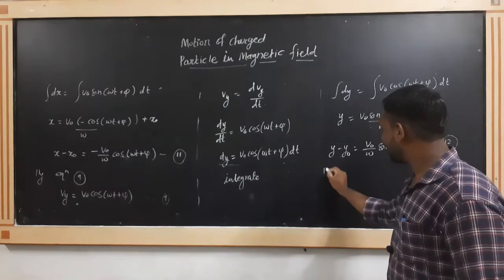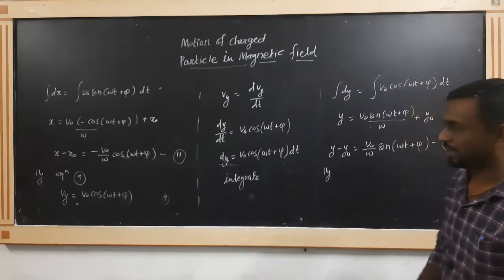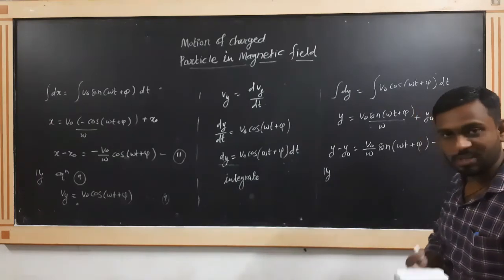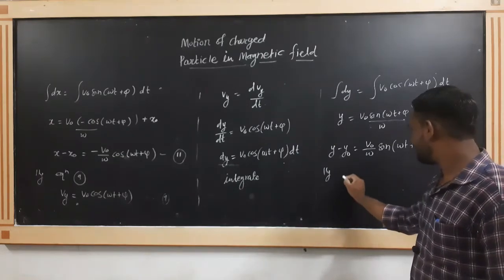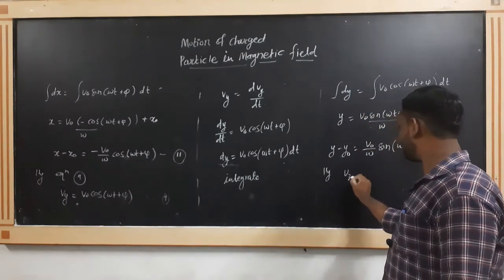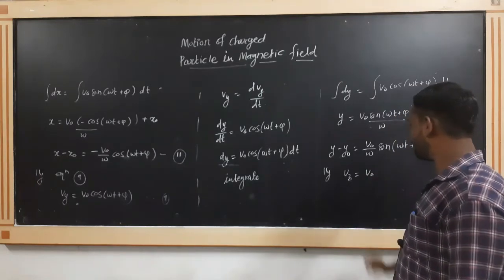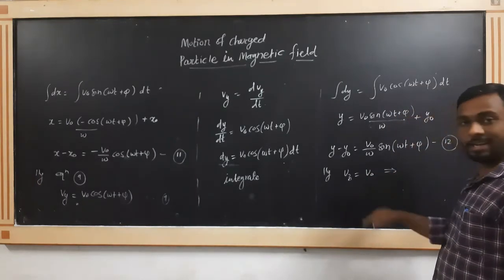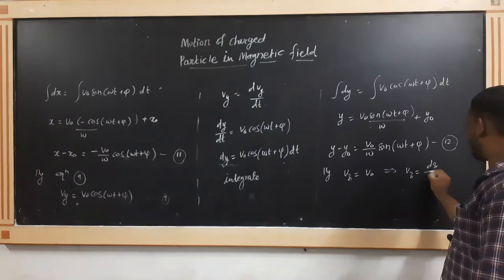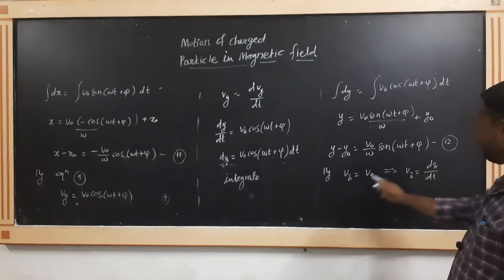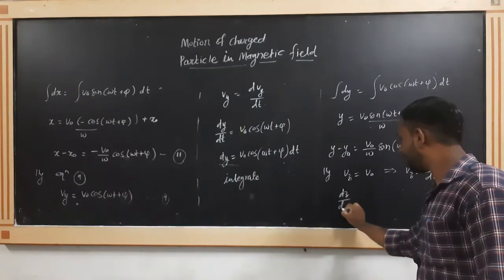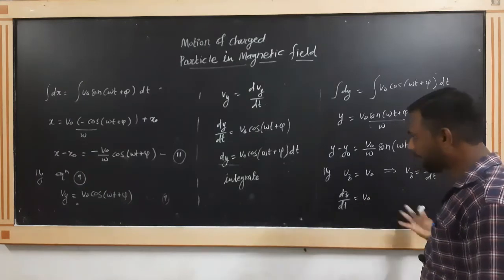Similarly, we can write the equation by using equation 10. We write the equation for the z coordinate, the motion of the charged particle along the z axis. So we have vz equal to v0. Rewriting vz in terms of the derivative, vz is equal to dz by dt. Substituting, we get dz by dt is equal to v0.